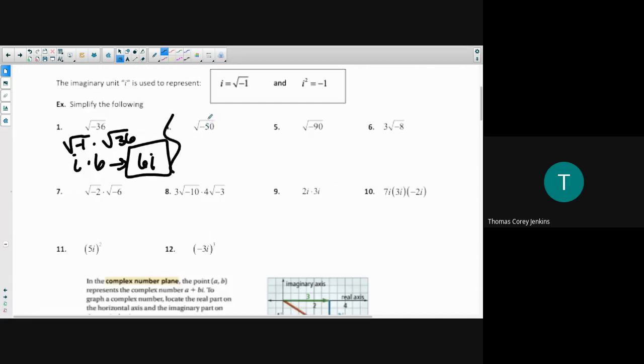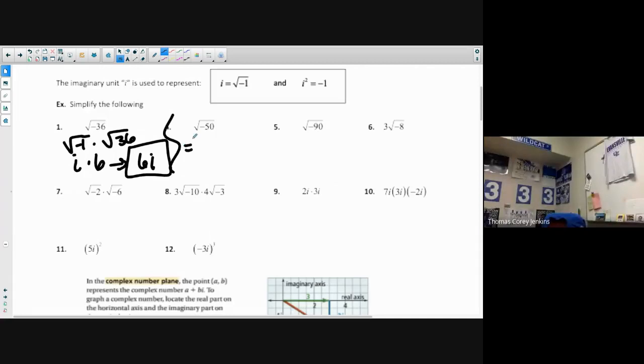Next one, thinking about the square root of 50. We could break that down into 25 times 2, thinking about perfect squares. So all together, we would break this down as the square root of 25, that's a perfect square, times the square root of 2 and times the square root of negative 1. So that's 5 square roots of 2 times i.